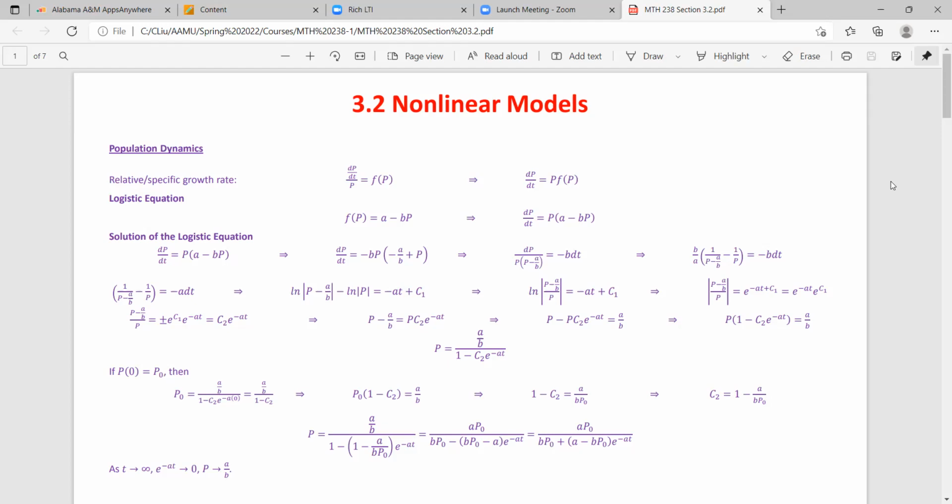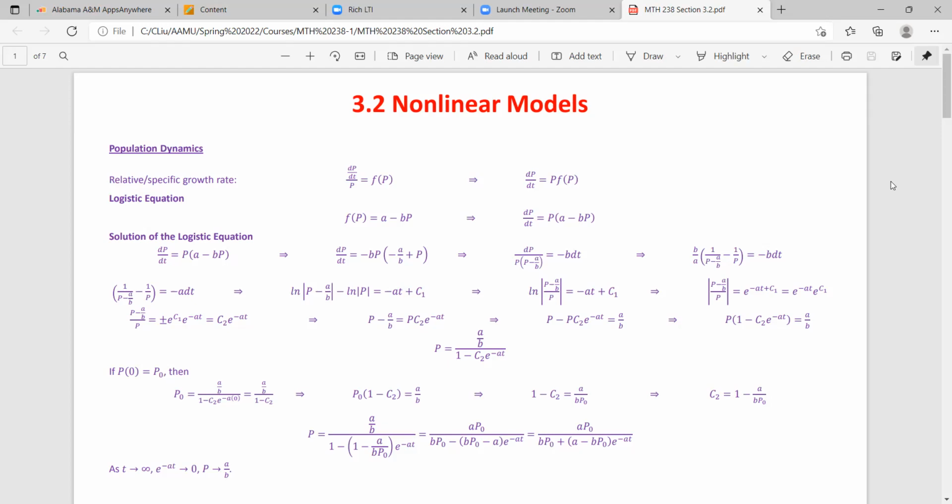Okay, so once again, e to the negative a times 0 is just e to the 0, which is 1. So we get 1 minus C2 in the denominator on the right-hand side. Then we can solve for C2 by multiplying by 1 minus C2 on both sides.